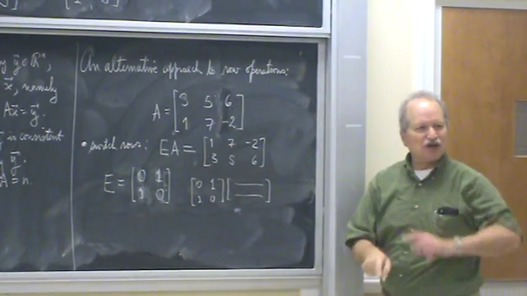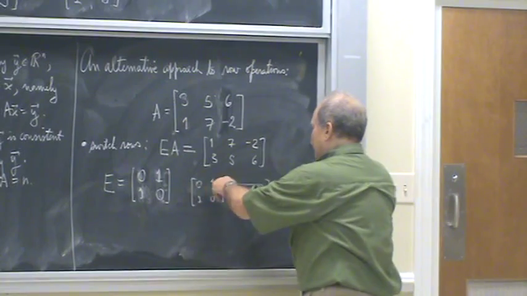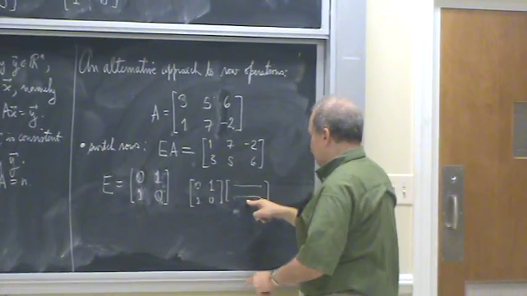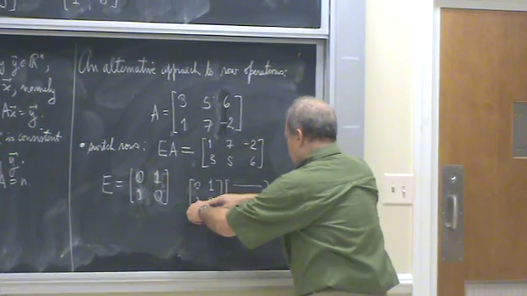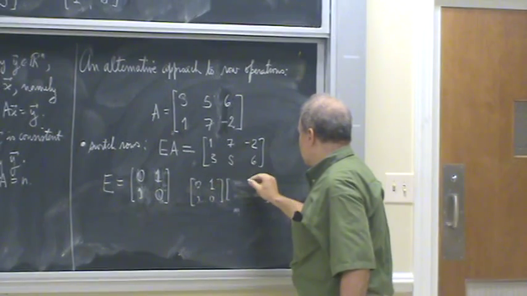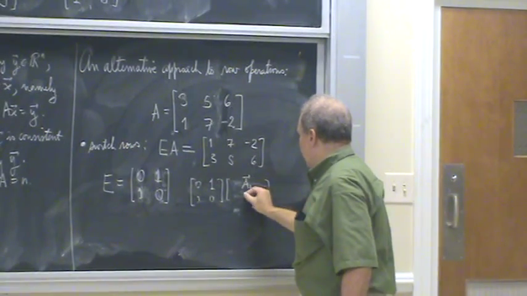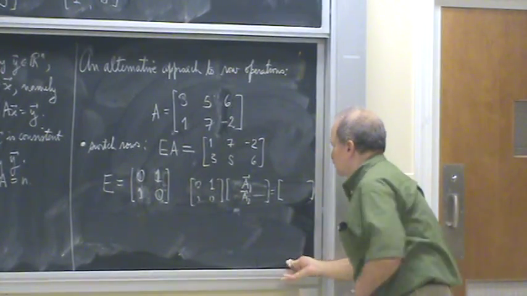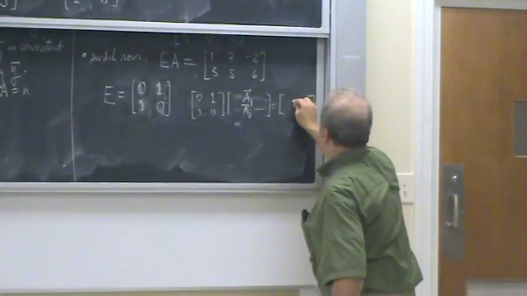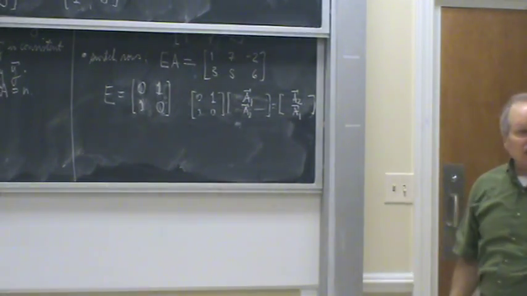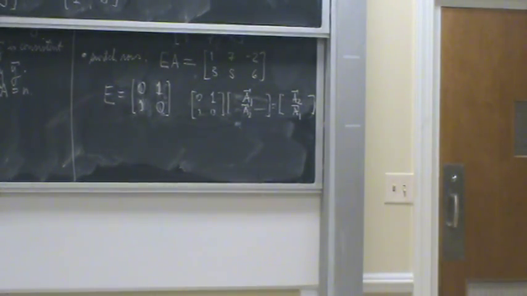Use your fingers, what are you doing? You're taking 1 of what's in the second row for each time you do it. And then when you get to the second row, you're doing 1 of what's in the first row. So when you do this, you're taking the rows of A and you're switching them. This is analogous to doing what?